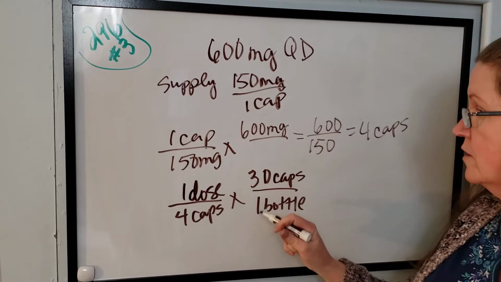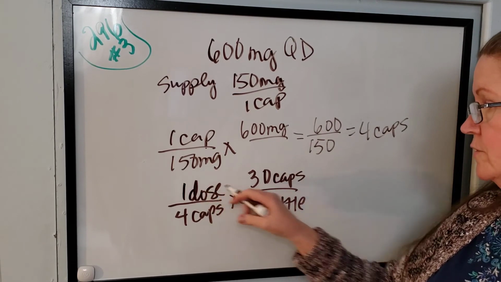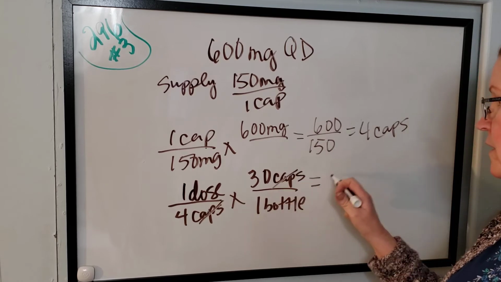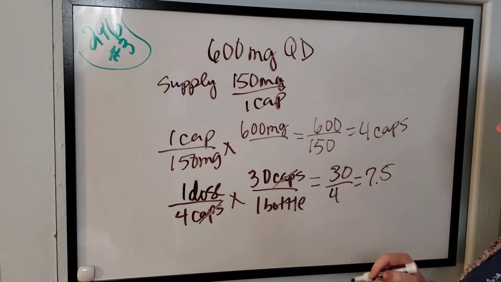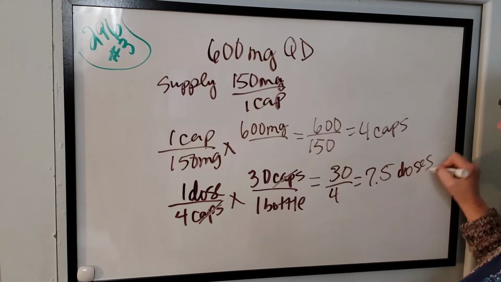Now I want to know how many doses are in a whole bottle. Dose per bottle, the capsules cancel. 30 divided by 4 is 7.5 doses in a bottle.